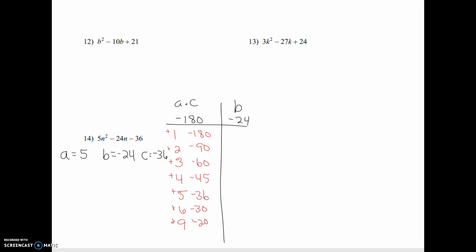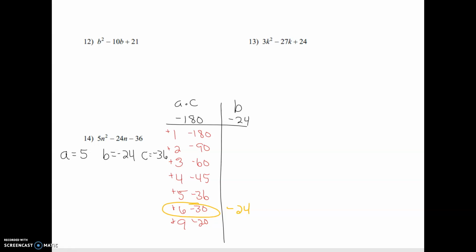So which one will add to equal negative 24? Well, there's only one of them. If you look right here, this right here adds to equal negative 24. So I'm going to use positive 6 and negative 30 in my busting the b.